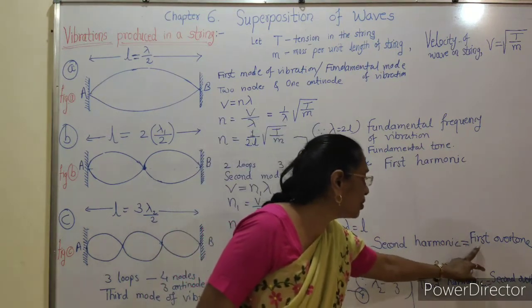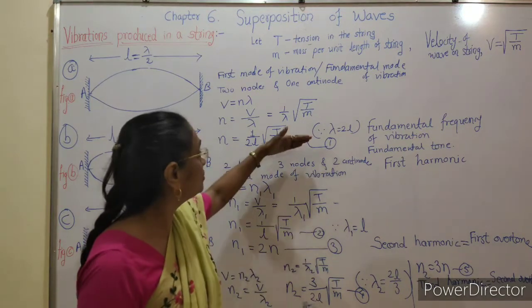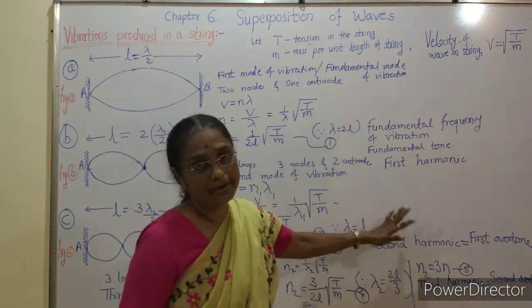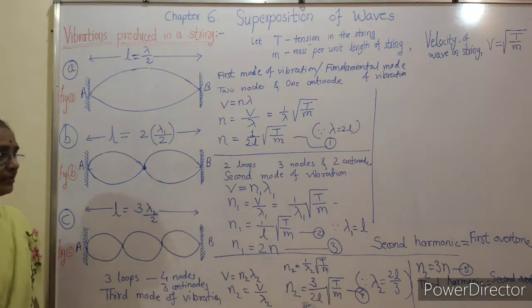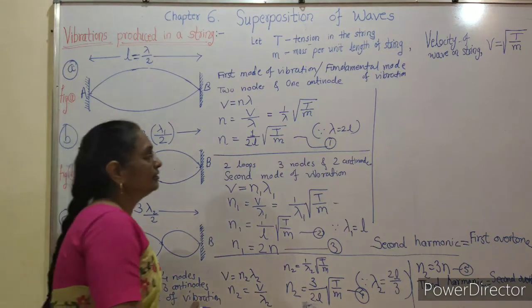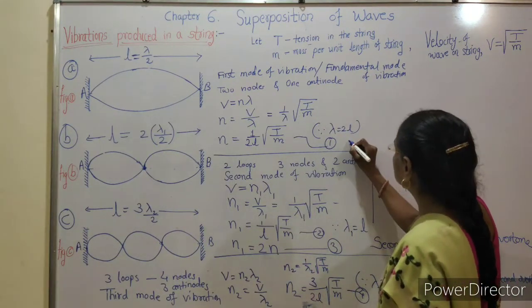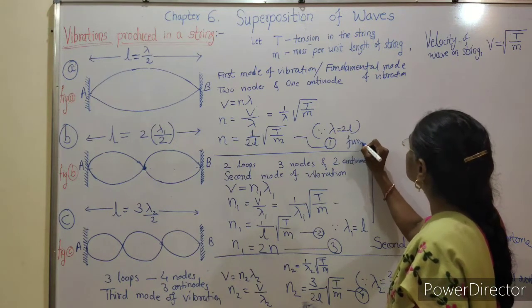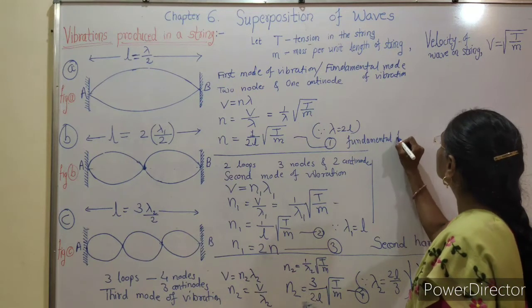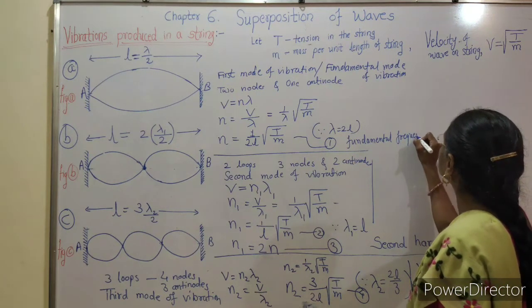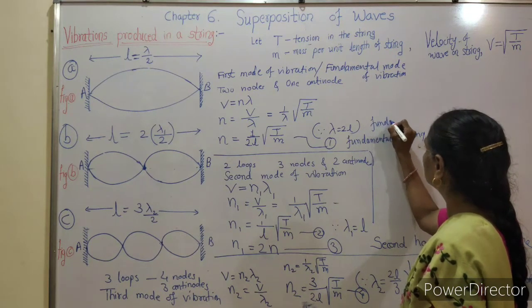The second harmonic is called the first overtone because the numbering of overtones starts just after the fundamental frequency. Here this is the fundamental mode. So this equation is the fundamental frequency. It is also called the fundamental tone.